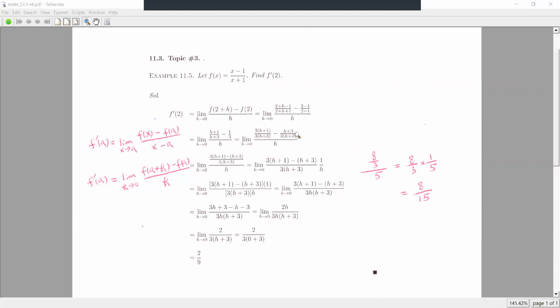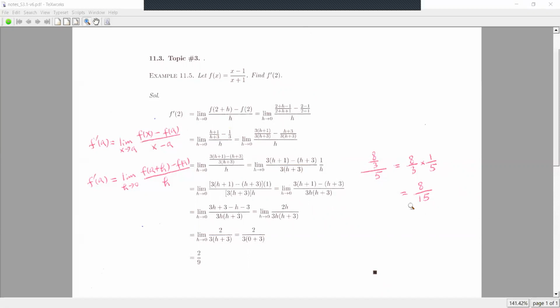Now the two terms have the same denominator, so I can combine the two terms to get this equation. This function is a fraction divided by h. I can write this function as the fraction times 1 over h.